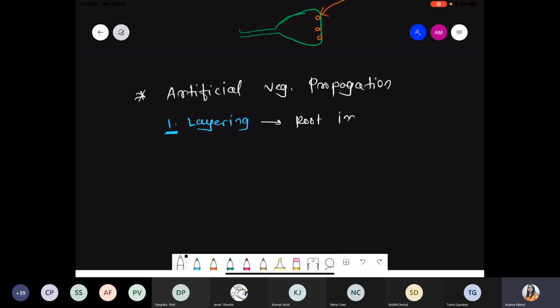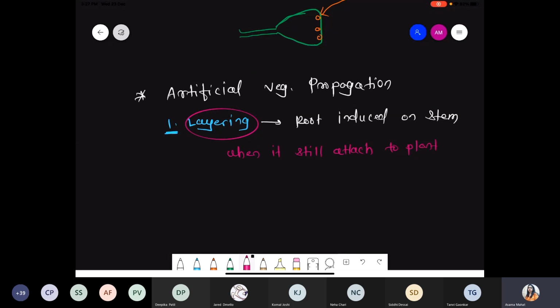Roots are induced on the stem, but while it is still attached to the plant body, such a condition, such a method, is called the layering method.